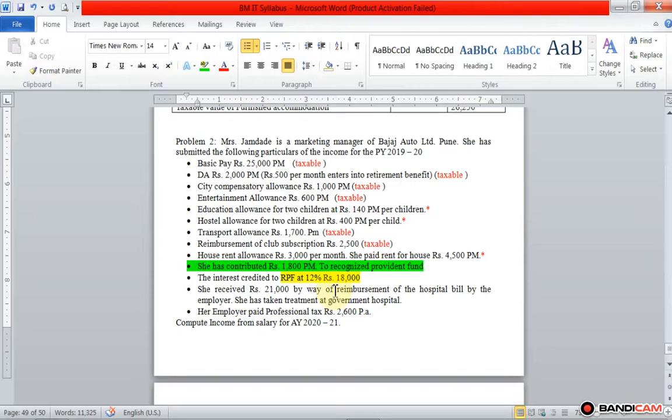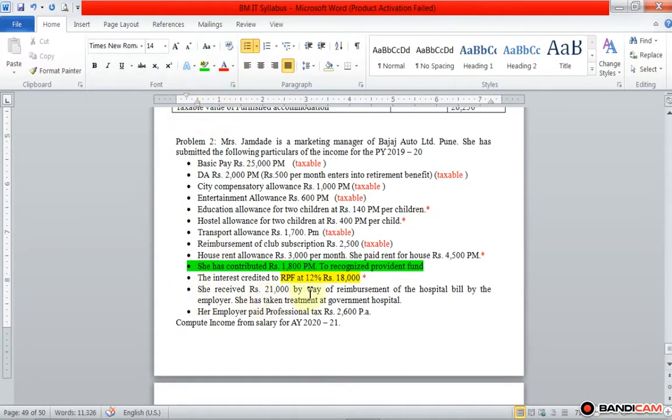Up to specified rate means interest credited to the RPF is exempted up to 9.5%, and if the interest credited on RPF is more than 9.5%, then it is taxable. So here remember that the interest credited to RPF is 12%. It means 9.5% is exempted and the remaining percentage is taxable. Make a star in front of interest.